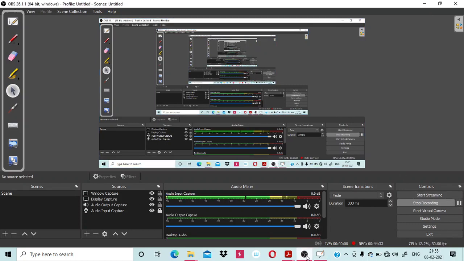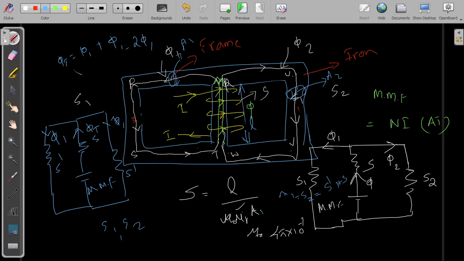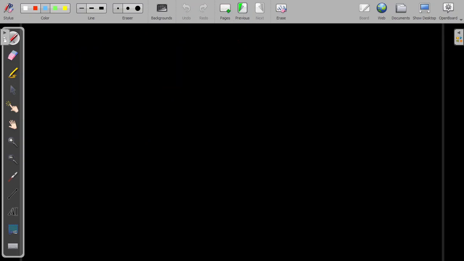Now I would like to discuss another type of magnetic circuit like this.